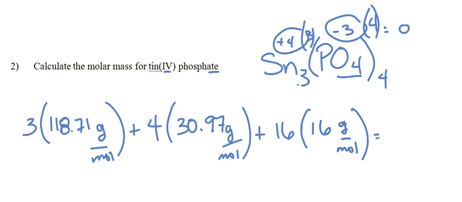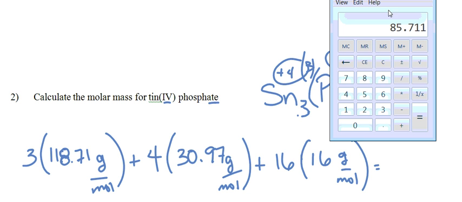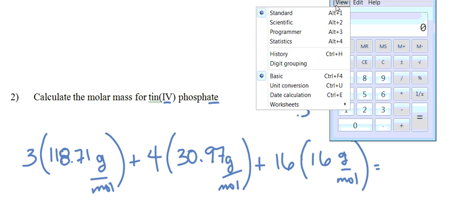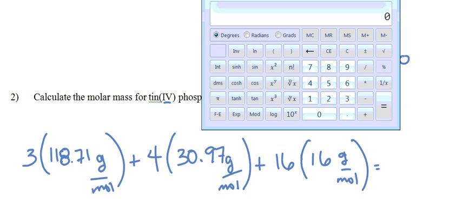Okay. And let's do some calculating. Hopefully my calculator will be able to do all this for me. Actually, let me scoot it down just a hair so you can see everything. Alright, let's clear that up. And I know some calculators are better than others, so I'm going to go scientific so I can have some parentheses on here.